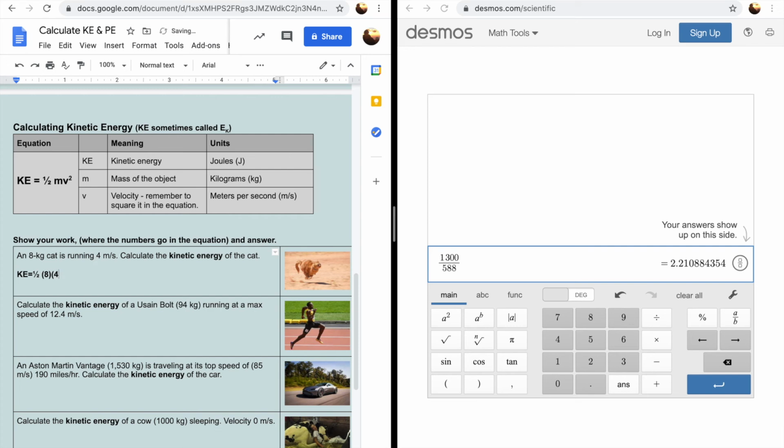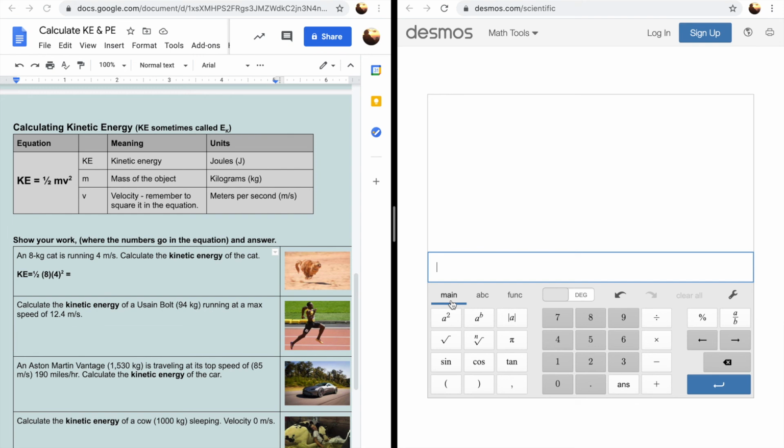To get a squared, you can go command and the period. There it is, and then you can make it look like that. If you do command period again, it'll bring it back down to a normal number. All right, so how are we going to do that? Well, let's take a look.